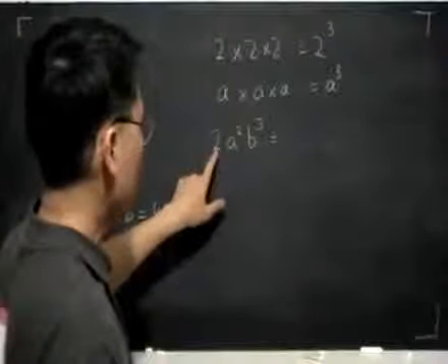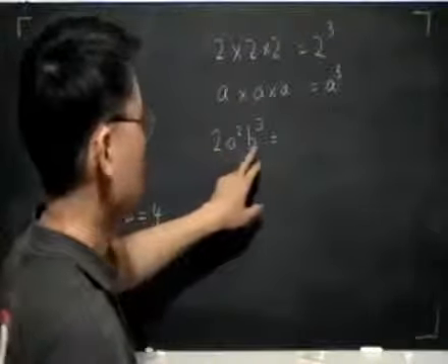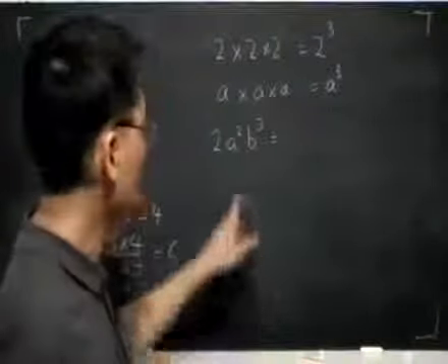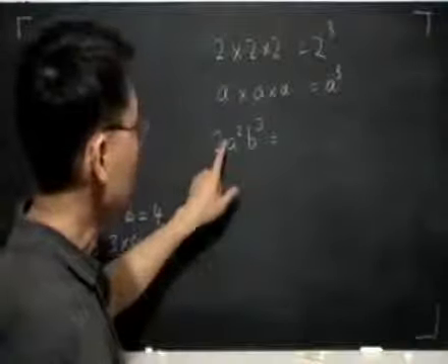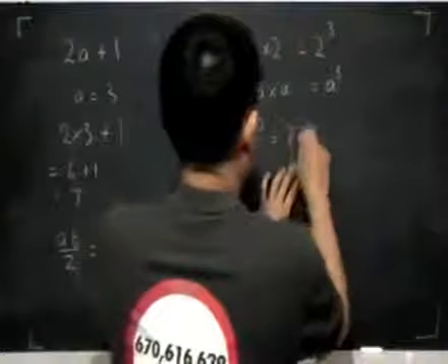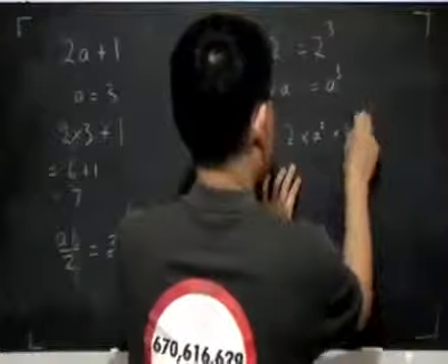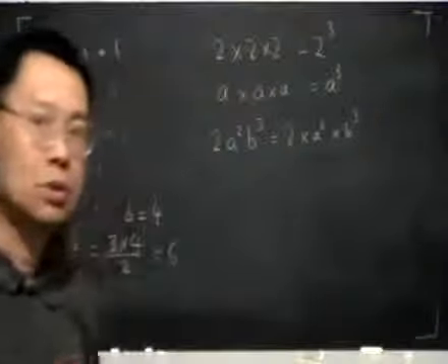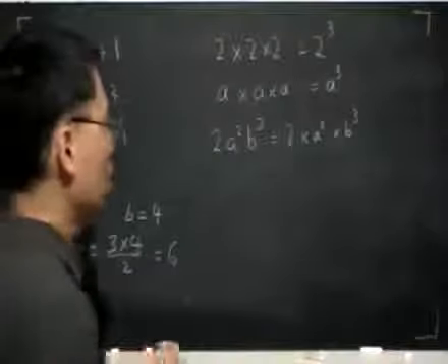We have here a number 2, the symbol a squared and the symbol b cubed with no signs in between, and that means they are multiplied together. So this really means 2 times a squared times b cubed. That's the first step in the understanding.